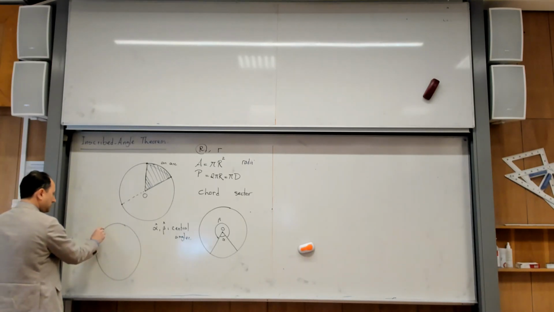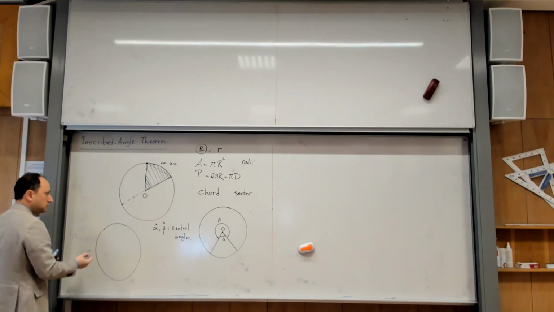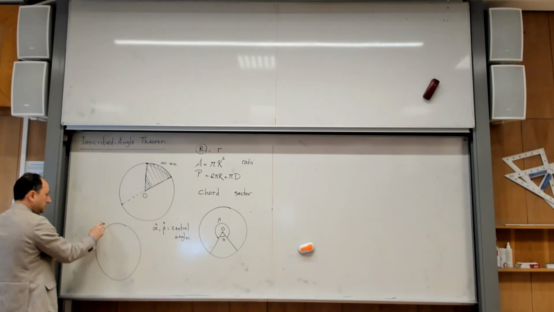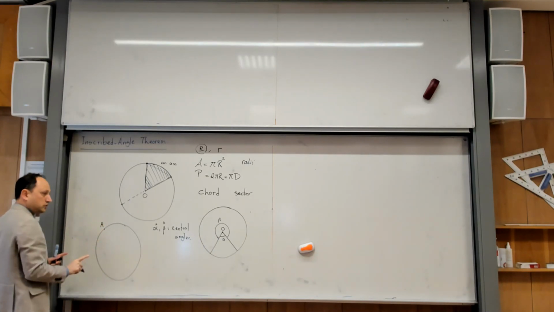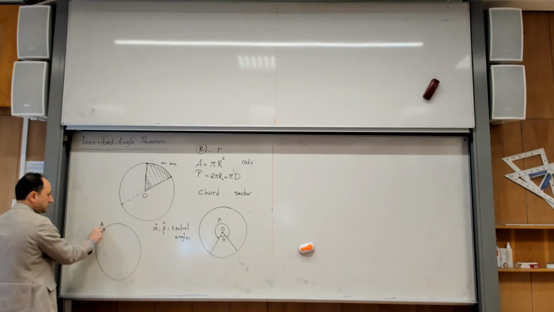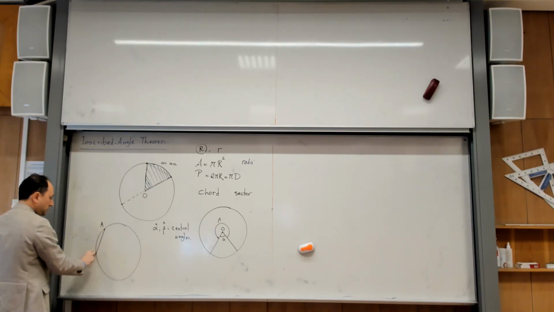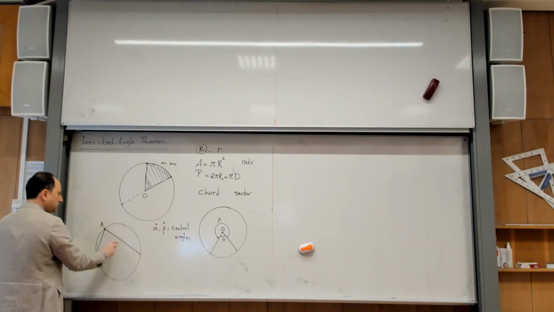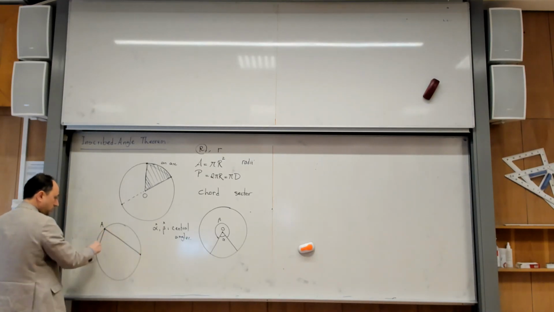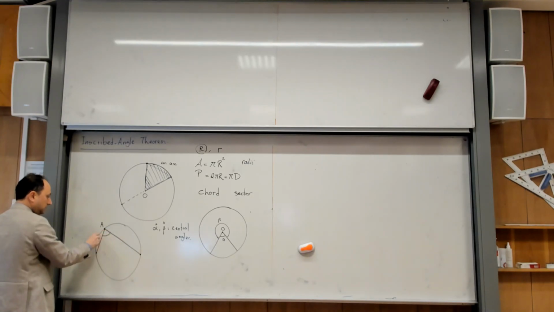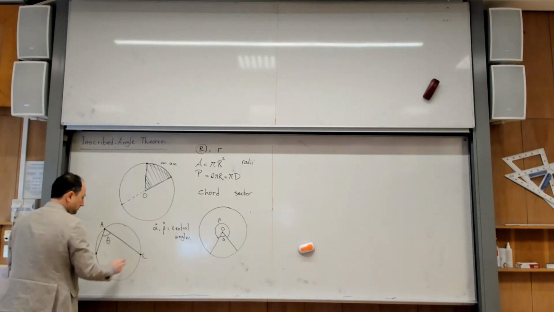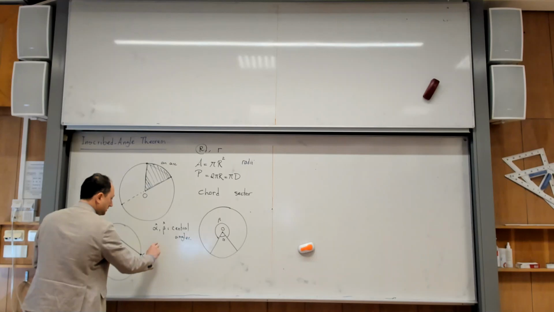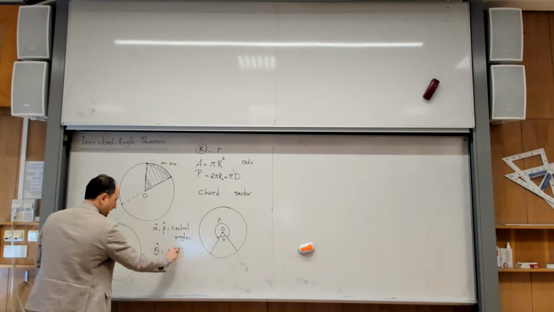So I take a point on the circle, let me call it A. Then I draw two chords passing through A. One chord is here, for example, the other one is there. Then this makes one angle inside the circle. This angle, let me call it theta. This is called an inscribed angle. So theta, an inscribed angle.